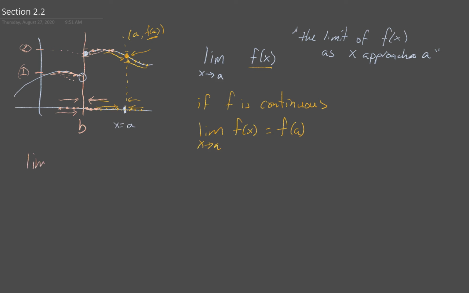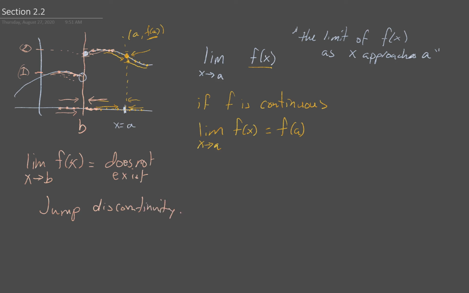The limit of f of x as x approaches b does not exist. There are a couple of reasons why we might have a limit that doesn't exist, and this picture shows what's called a jump discontinuity.